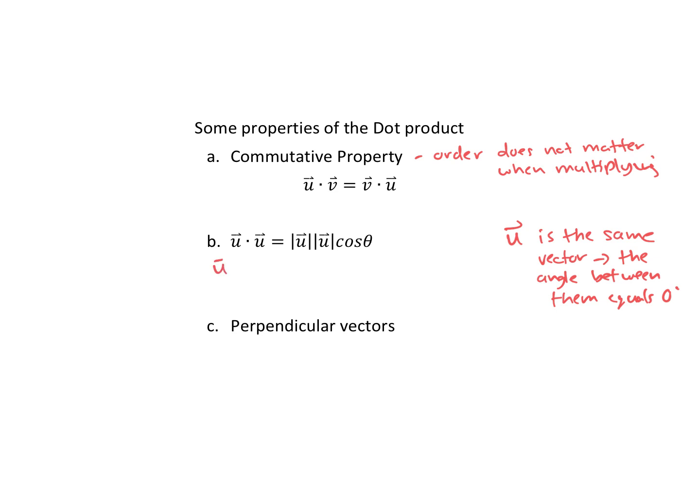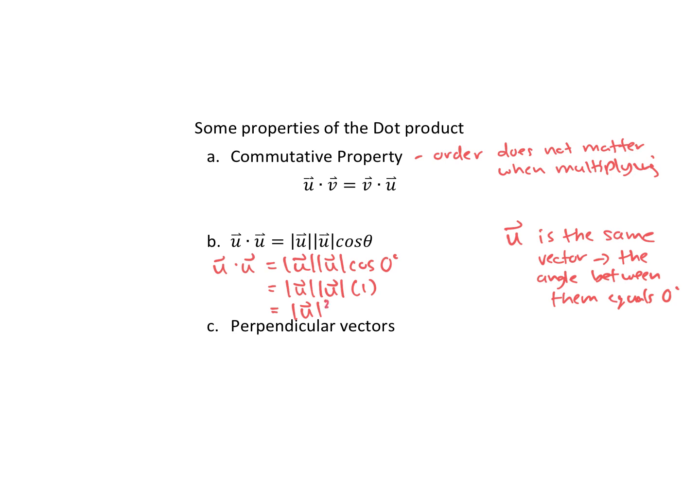So if I'm doing u dot u, it would be the magnitude of u times the magnitude of u times cosine of the angle between them, which would be 0 degrees. If you remember from your trig ratios, cosine of 0 has a value of 1. So if I do u dot u, the value is going to be the magnitude of u squared.